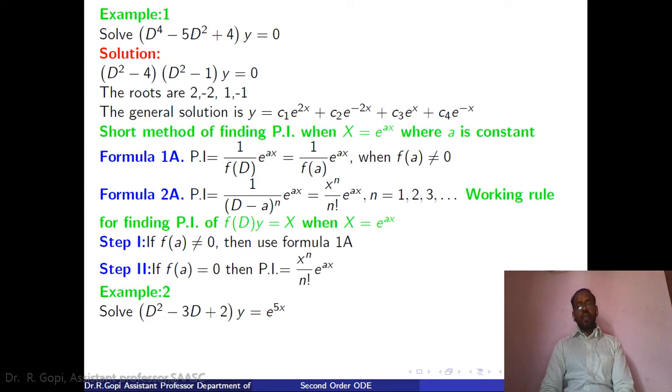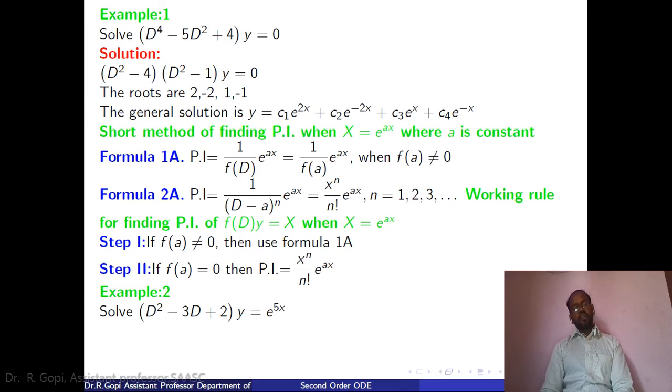So a second order equation contains two roots, and we have to find the auxiliary equation. So take y equal to e power mx as the solution of the given differential equation. We find dy and d squared y, and substitute these values in the given equation.